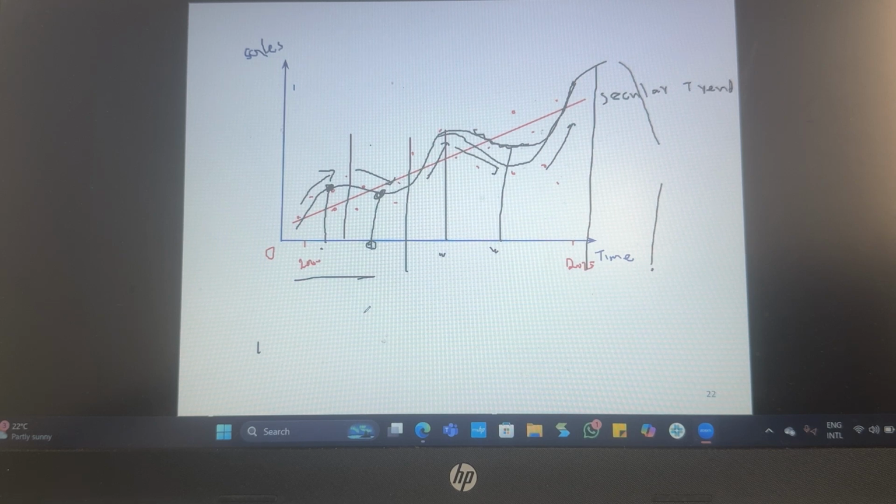Any idea if such a thing happens? We lose a lot of money for the country. It affects every part of economic activities, right? So maybe these 2 weeks will damage the entire economy. Sometimes you may not be able to reverse it, because that type of dangerous situation is there in our economy, right?